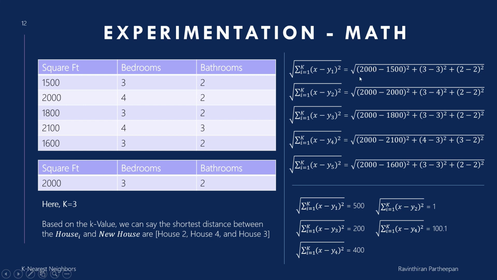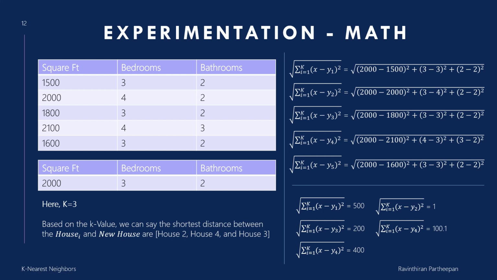First we work on the square feet, compare it with the first instance, 1500, and then square it. Then we compare the bedrooms, 3 with 3, and the bathrooms, 2 with 2. Likewise, for square feet, 2000 minus 2000. We continue this for all 5 instances.